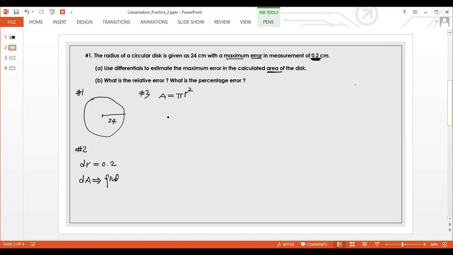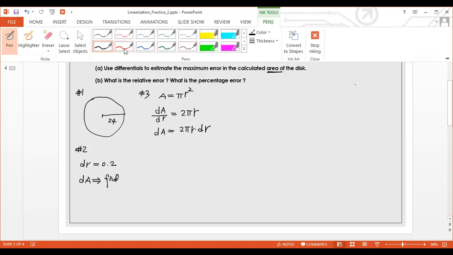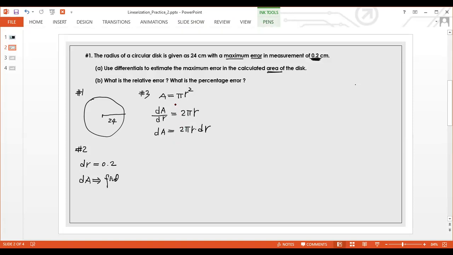Okay, so now let's take a look at the derivative. Taking the derivative of both sides, dA/dr is equal to 2 pi r, right? Then you can just move the dr over, so dA is 2 pi r times dr. Now I can start to plug in the values. The dr, like we said, the maximum error, is 0.2, and r is 24, right?